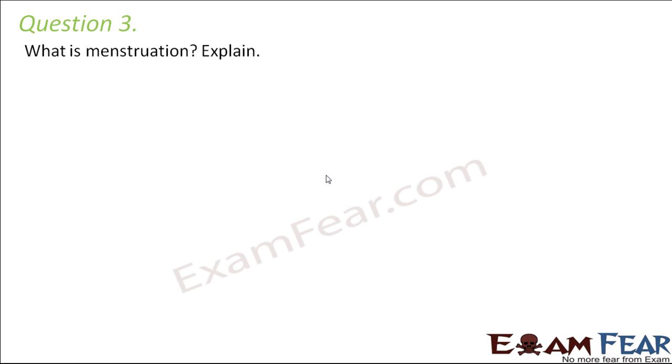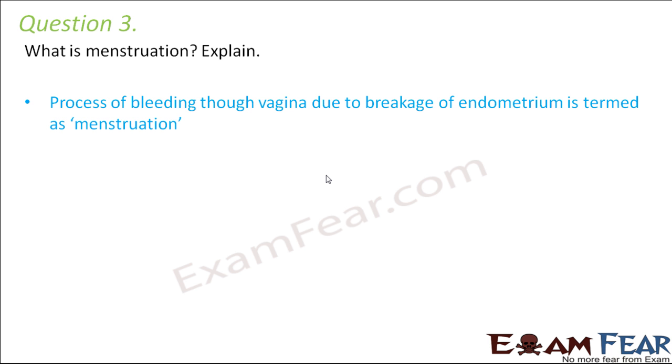Question number 3. What is menstruation? Explain. As I mentioned, menstruation is the process of bleeding through the vagina due to breakage of the endometrium. If you remember the process we discussed some time back, once the egg has ovulated, that is, once the egg has been released from the ovary into the tube, there are two possibilities.